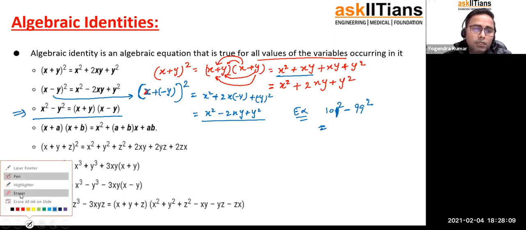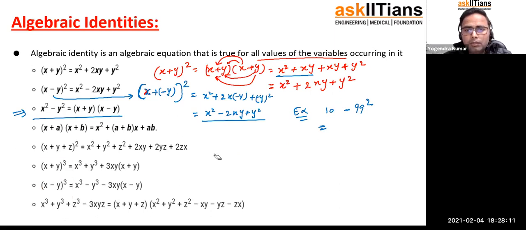But using this identity, life becomes easy. Oh, is it 101 square? It looks like, okay, I need to do that. Okay, 99 square, that is also a little bit complicated to do, right? No problem. This identity is there to rescue us. So I can apply it.